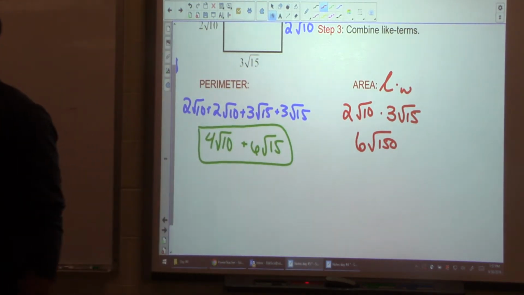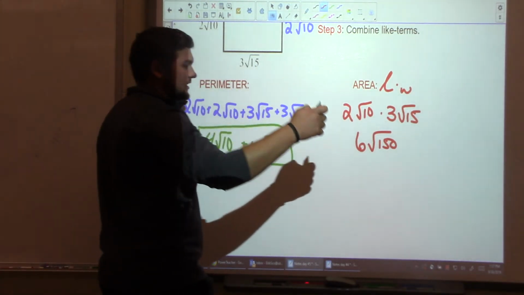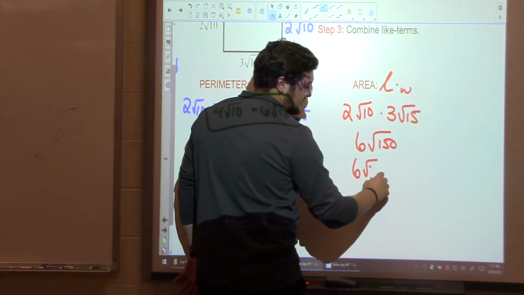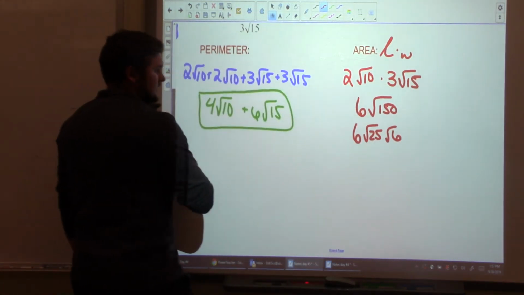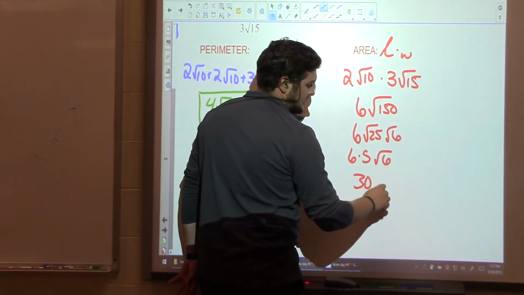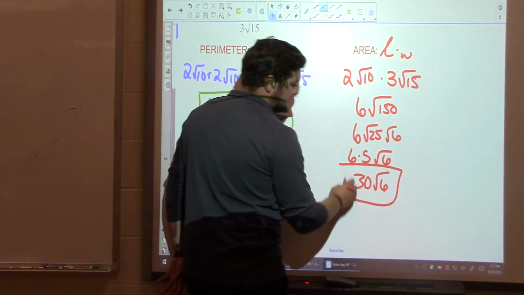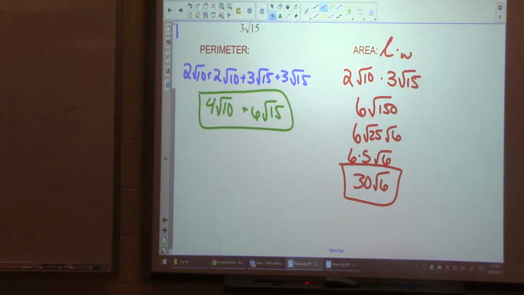Final answer? No, gotta simplify. Simplify the 150. So 6 times the square root of 25 times the square root of 6. I get 6 times 5 square roots of 6, or 30 root 6. That's my final answer.